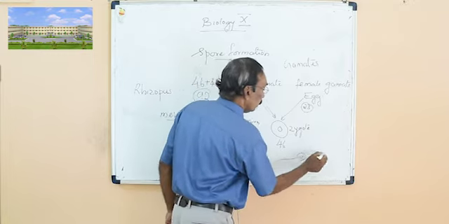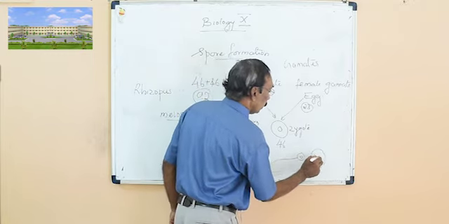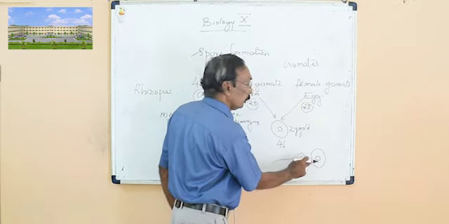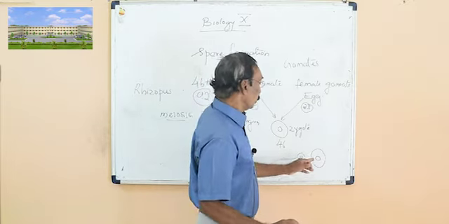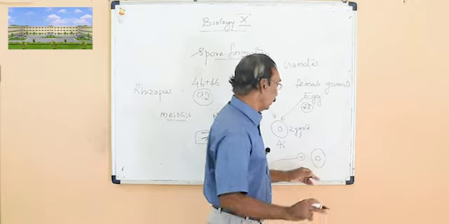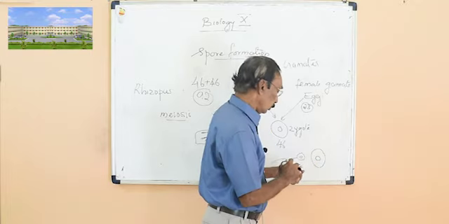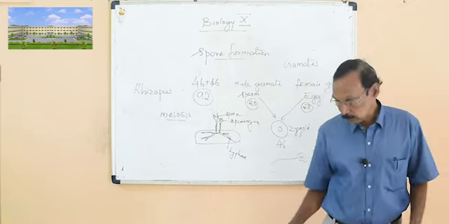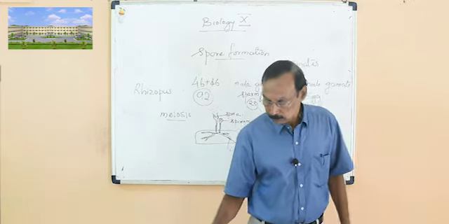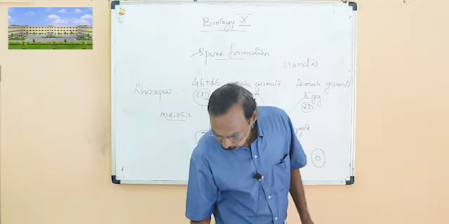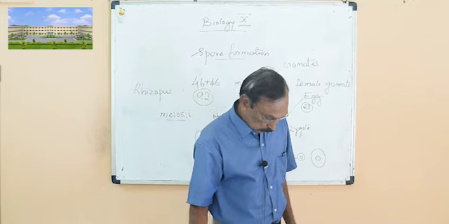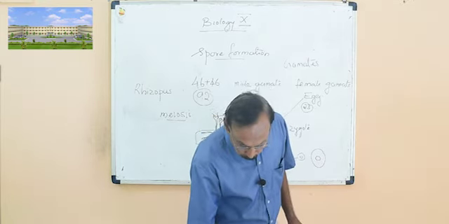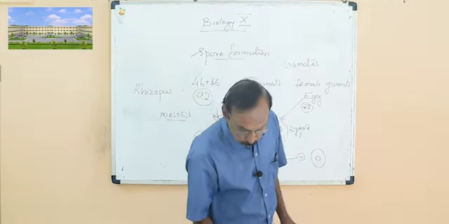Egg is not motile, sperm is motile. The egg is stationary and contains reserved food material, and that is another difference between male gamete and female gamete.